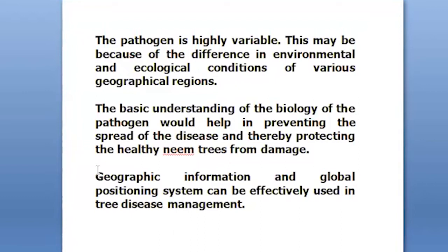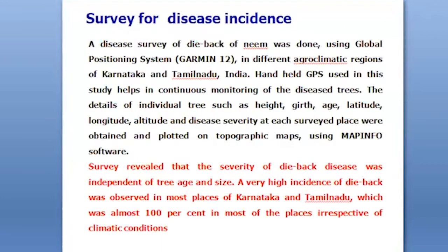And later, mostly because neem trees are widely distributed all over India, the geographic information and global positioning system can be used for the management of tree diseases. A survey was conducted by a team of scientists in both Karnataka and Tamil Nadu, using the global positioning system, the Garmin 12, and they monitored both the diseased as well as the healthy trees.